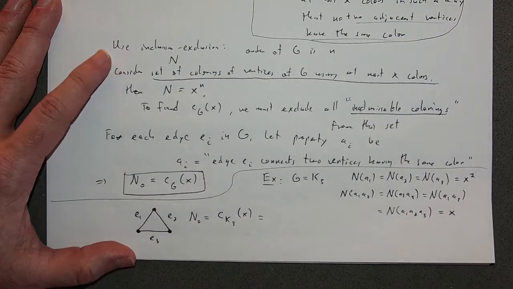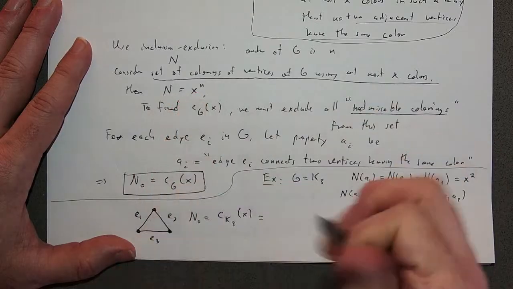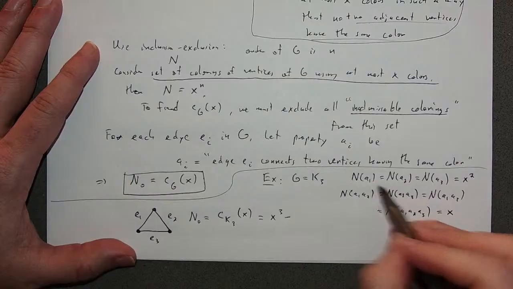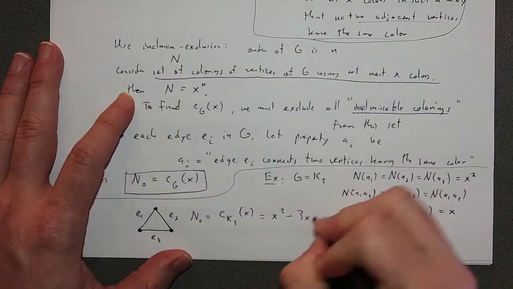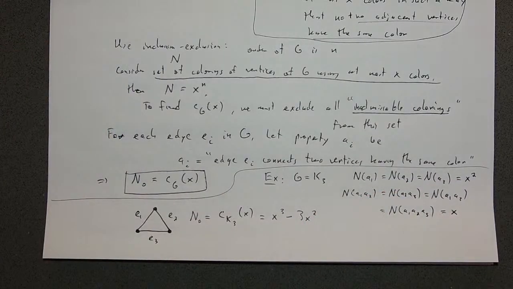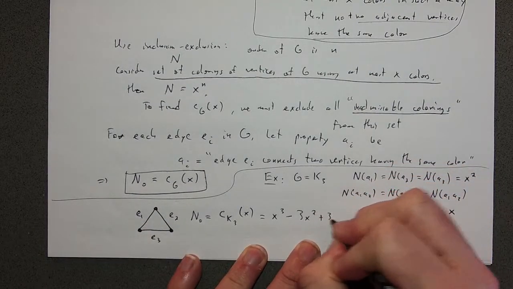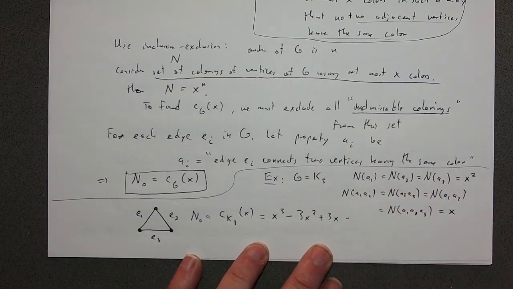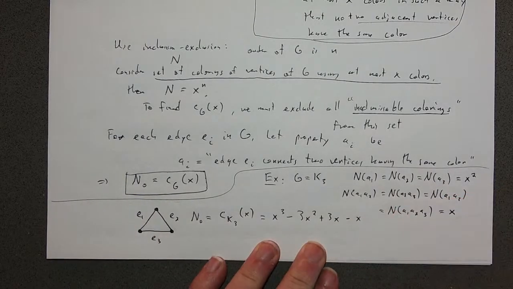So according to this, just using inclusion-exclusion, this would be big N, which is x cubed, minus the sum of these identical elements, so x squared plus x squared plus x squared, so this would be minus 3x squared, plus the sum of the three terms taken two at a time, all of which are x, so this would be plus 3x minus x, which is the last term.